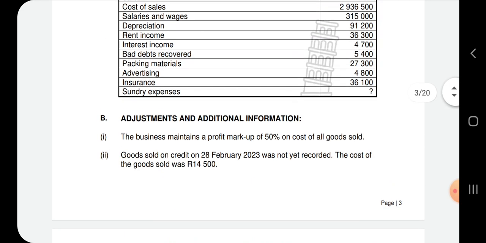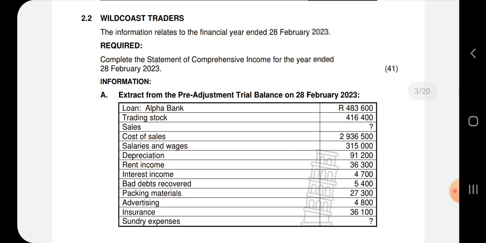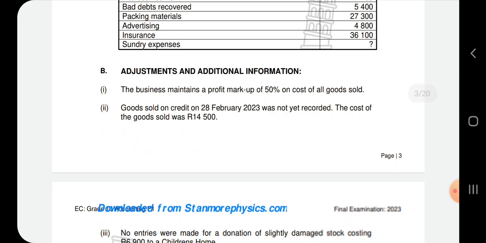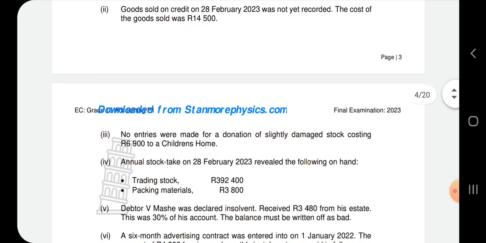So you will take the 416,400, you subtract the 14,500 rand, you subtract the 6,900 rand, and then you get the 392,400 rand.